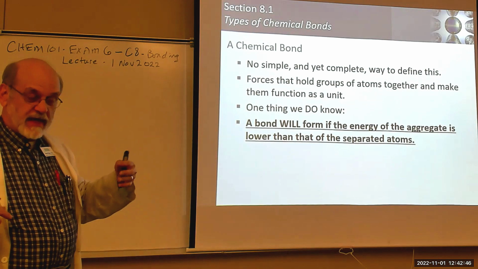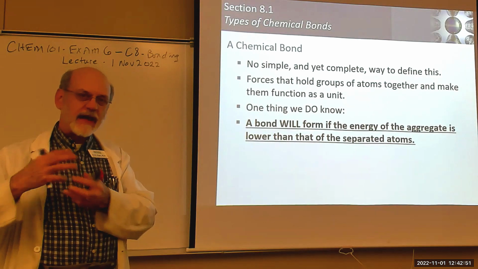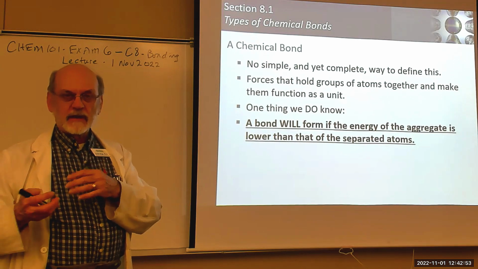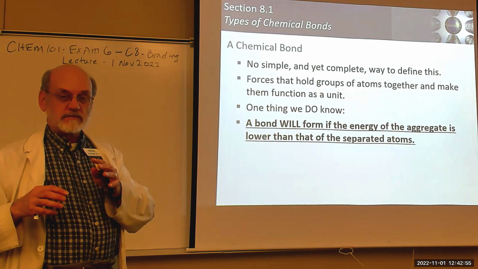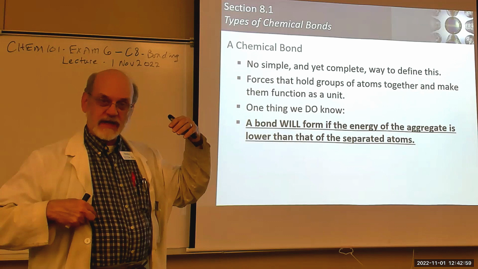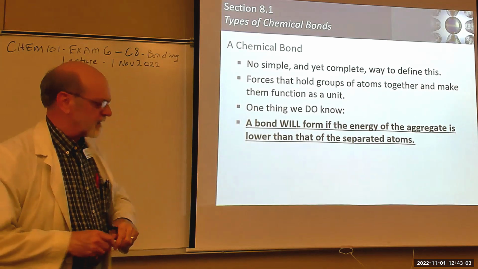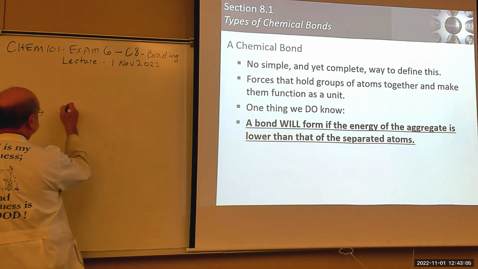Or if we've got molecules coming together for a reaction and the atoms are going to rearrange, they don't rearrange typically unless there's an energy advantage to it. In other words, we're talking about stability, energy stability.